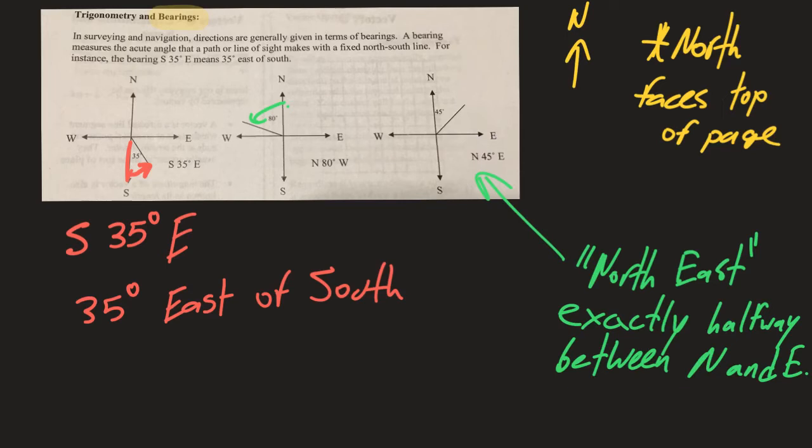So if you ever hear a problem say, hey, it's exactly northeast, that means it's 45 degrees between north and east. All right. So again, guys, start from north or south, then go either east or west. That angle that you go, that's going to be the angle that you put in the middle. Okay. You're always going to have north or south first, and then you'll put your east or west last.